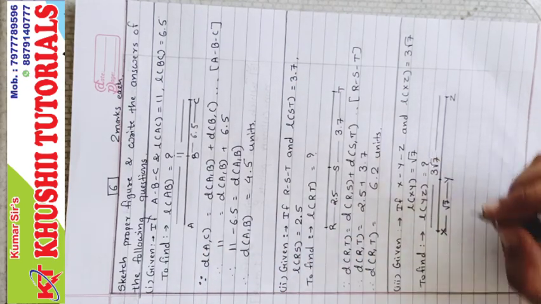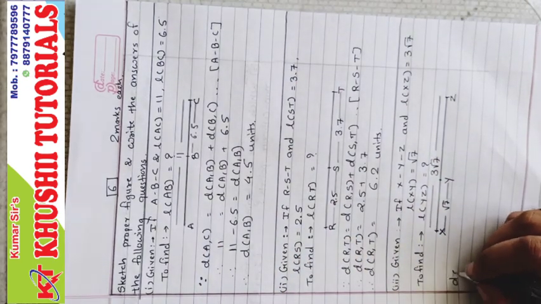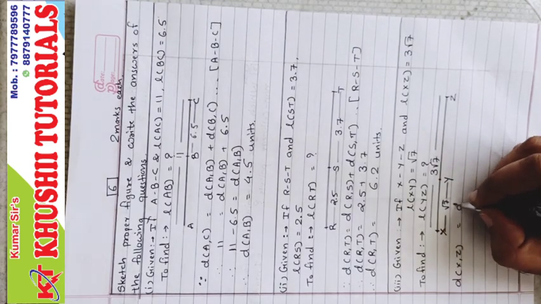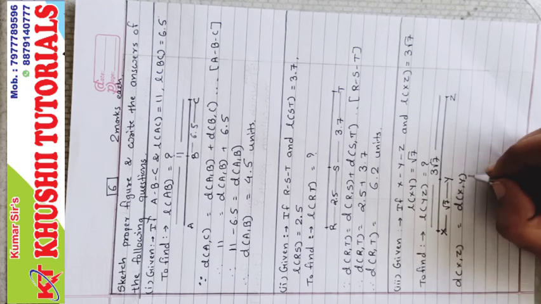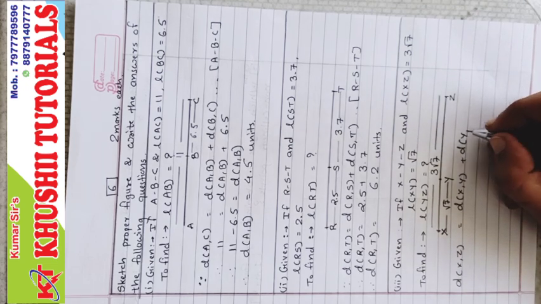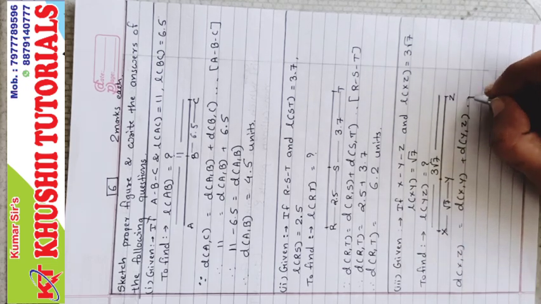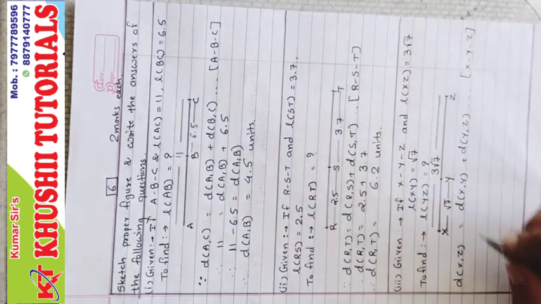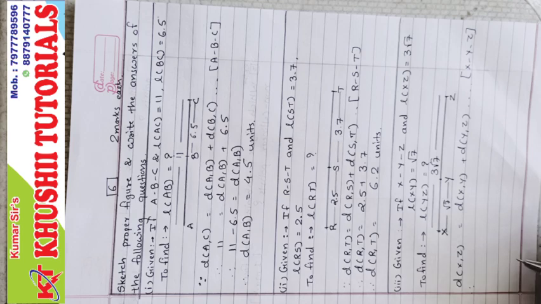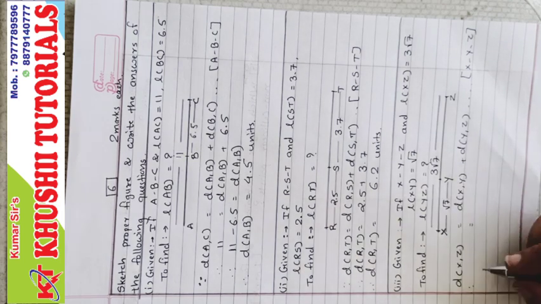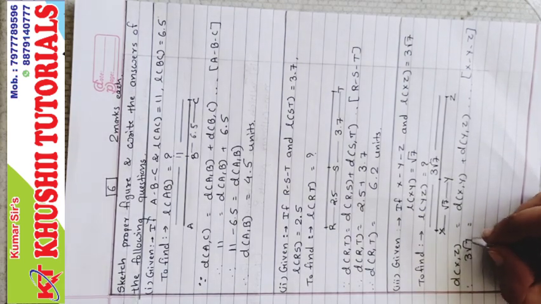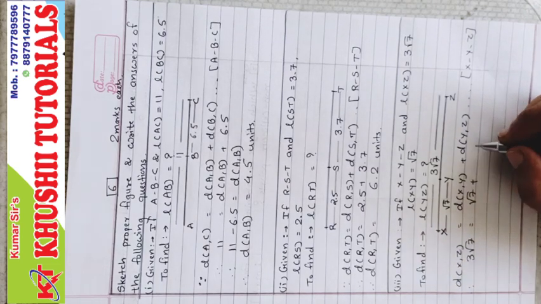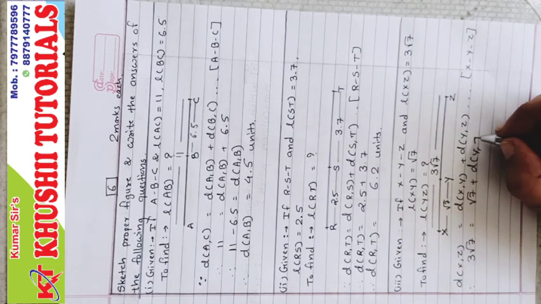Now distance of XZ equals distance of XY plus distance of YZ, and the reason is X-Y-Z. Distance of XZ is 3 root 7, distance of XY is root 7, and distance of YZ we don't know.